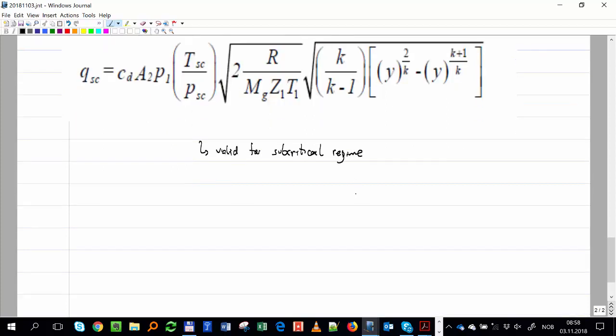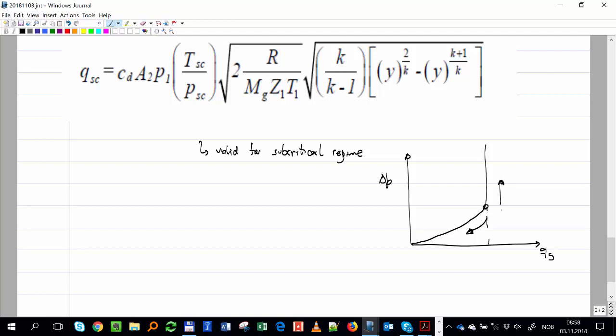Okay, that means, if you remember our curve, delta P versus Q, that equation is valid for this regime. So what do we use for this regime here? That's just a straight line, right?